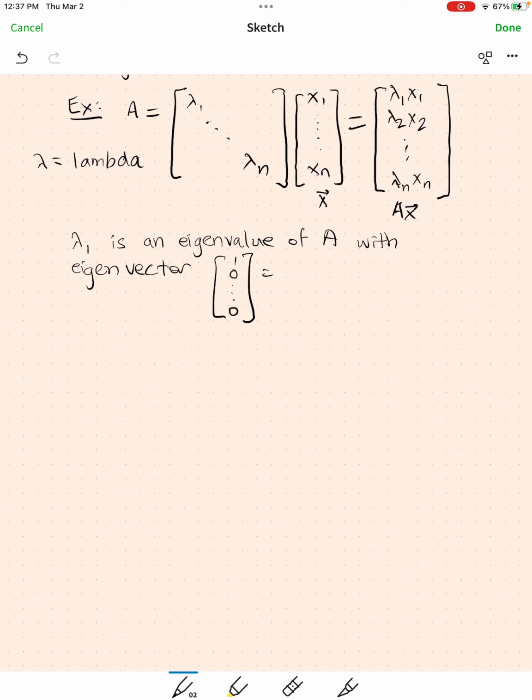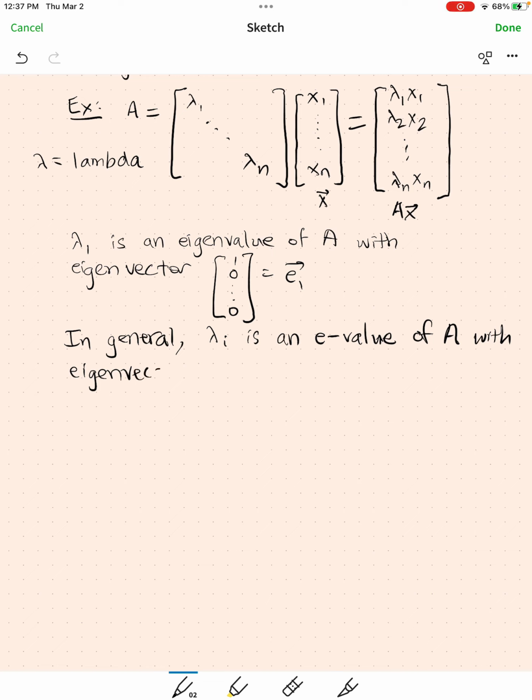And in general, lambda i is an eigenvalue of A with eigenvector Ei.